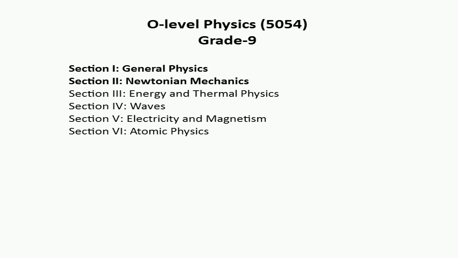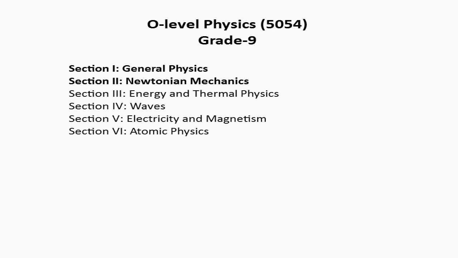Our sections are Section 1 General Physics, Section 2 Newtonian Mechanics, Section 3 Energy and Thermal Physics, Section 4 Waves, Section 5 Electricity and Magnetism, and Section 6 Atomic Physics.